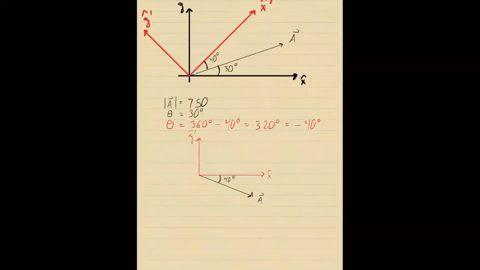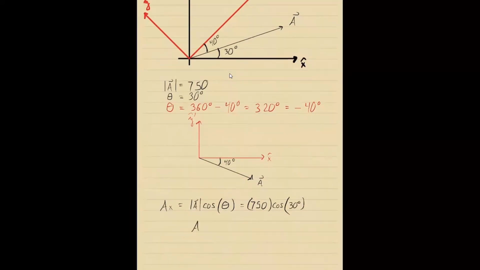That's easy. For the black coordinate system, our x component is going to be the magnitude of A times cosine of the angle between our vector and the positive x-axis. The magnitude of our vector is 750 units times cosine of 30 degrees.